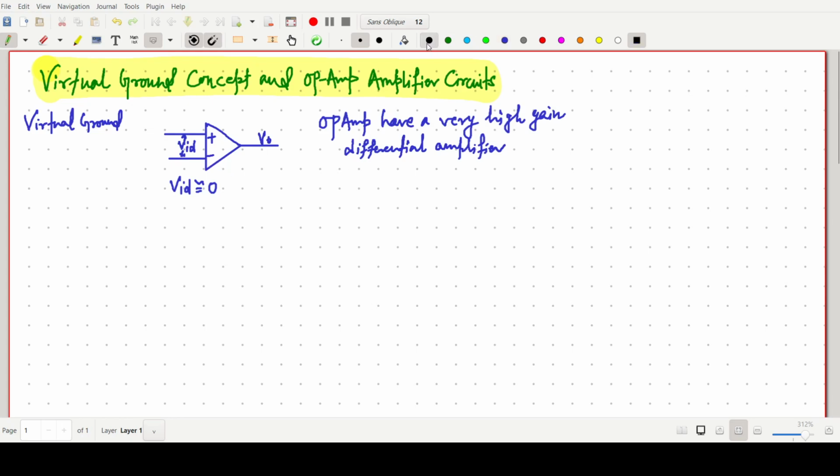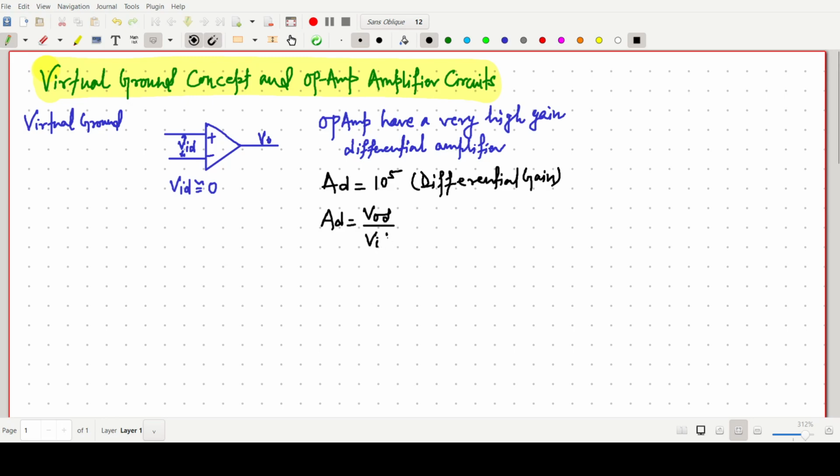For example, I am saying the Ad, the differential gain, is around 10 to the power 5. Okay, Ad be the differential gain. So this Ad value is nothing but simply what? The differential output by the differential input voltage.